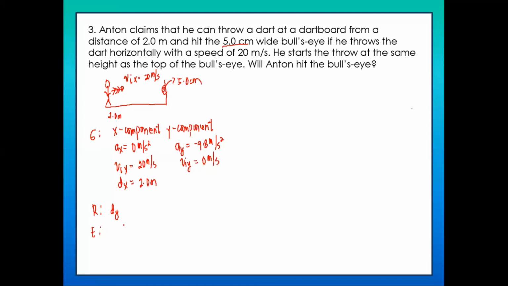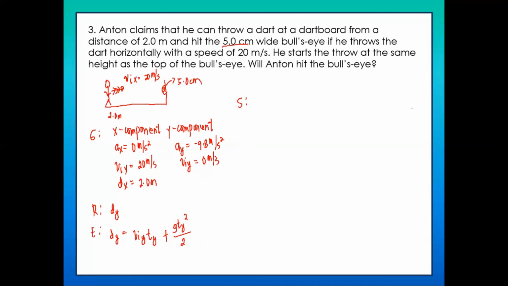Our equation for that, when you visit your screenshot of the equations to be used for horizontally launched projectile, is d sub y equals v sub iy times t sub y plus g t sub y squared over 2. For our solution, we first have to compute the value of time, because we don't have a value of time in the given.